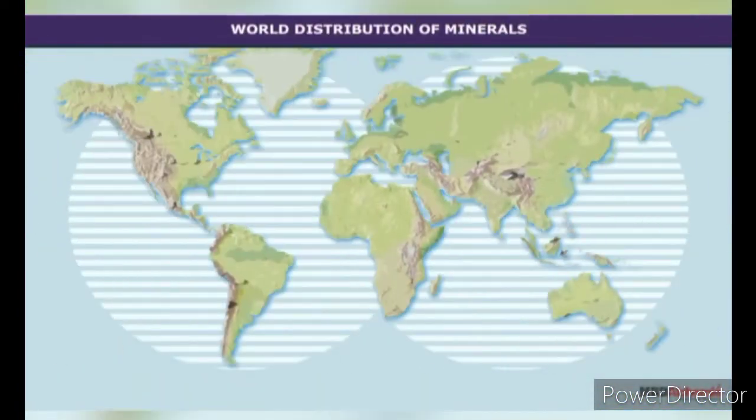World distribution of minerals. The world distribution of minerals is highly uneven because of differences in geological formation. Copper is found in European part of Russia, Eastern Europe, North America, Africa, India, and Australia. Tin.